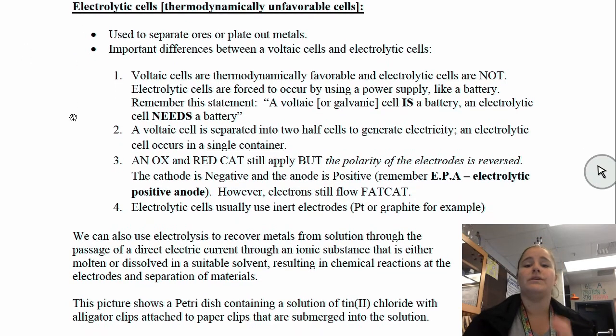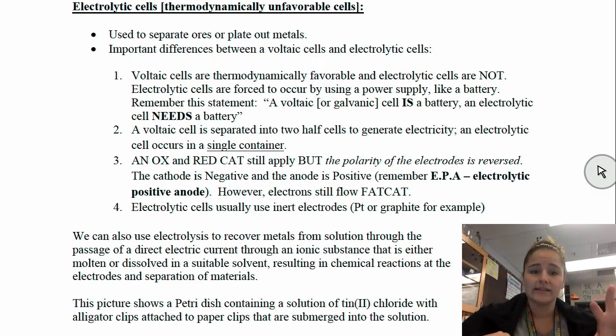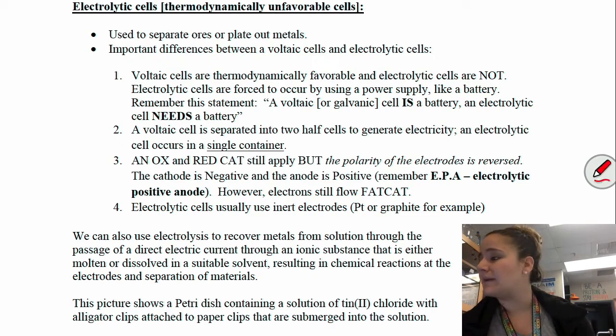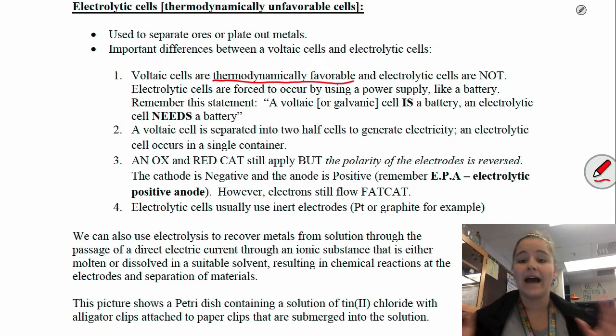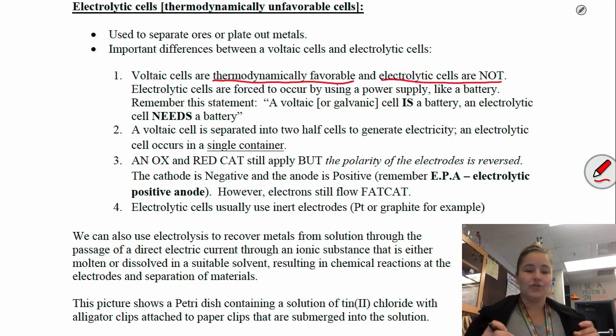Okay? So we do need to be very clear on the differences between voltaic cells, which we've been talking about in the last 3 videos, and electrolytic cells. The key difference is that voltaic cells are thermodynamically favorable. They happen on their own. Electrolytic cells are not. You have to force an electrolytic cell to happen using a battery.